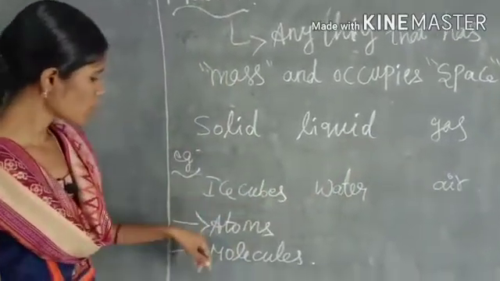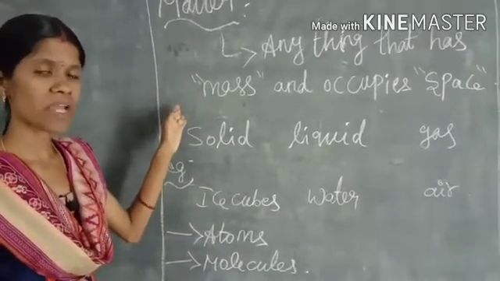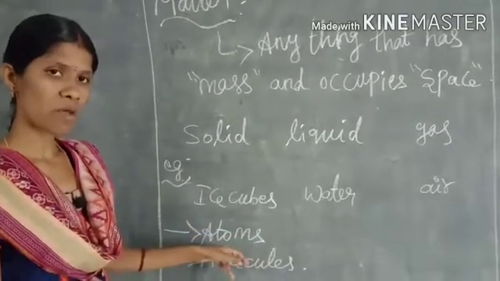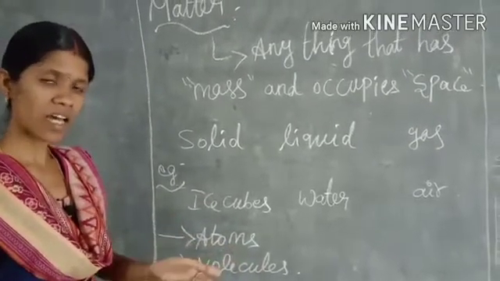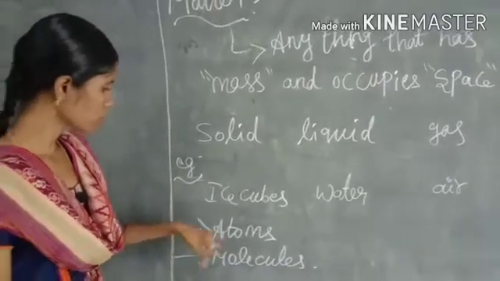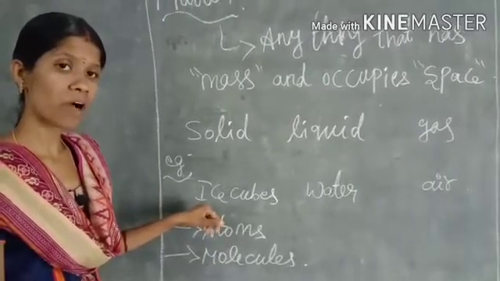Next we are going to see how matter is made up. What is matter made of, how is it produced? Matter is made up of atoms.